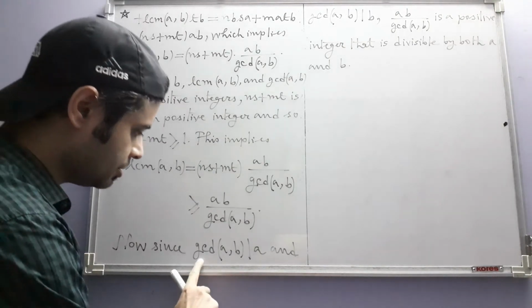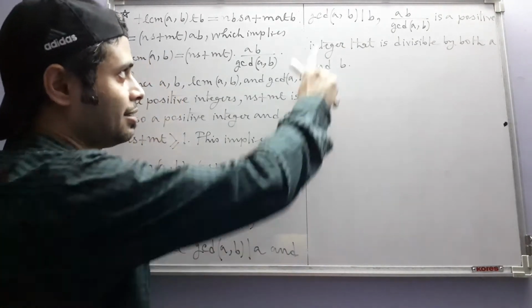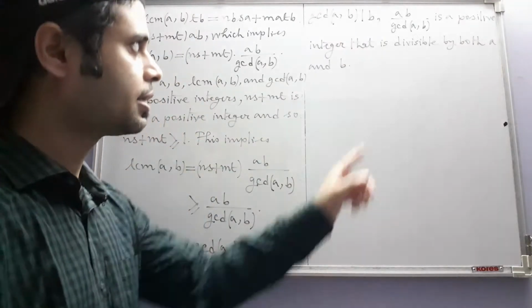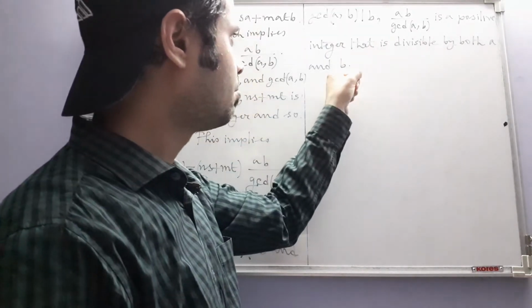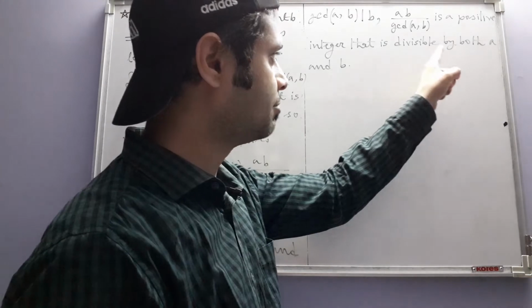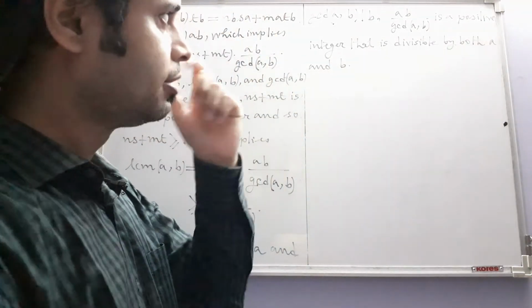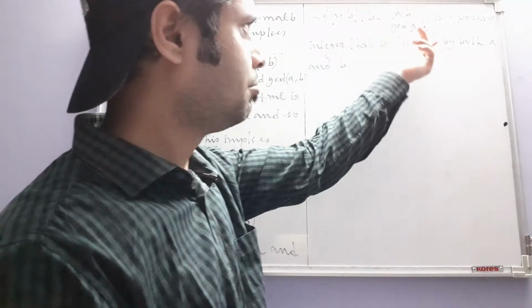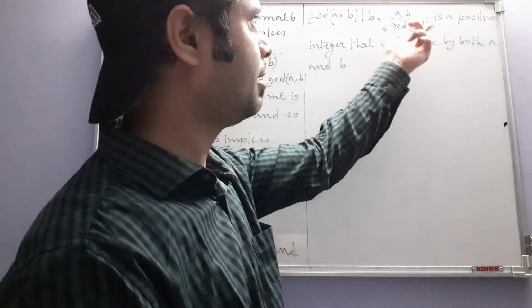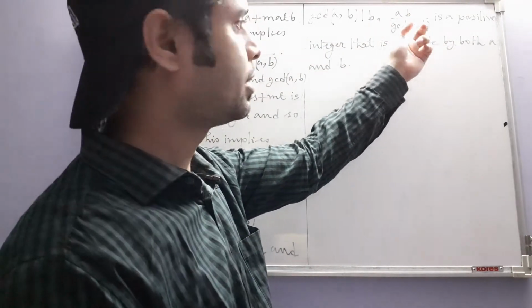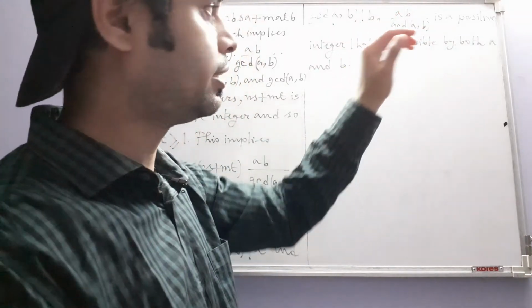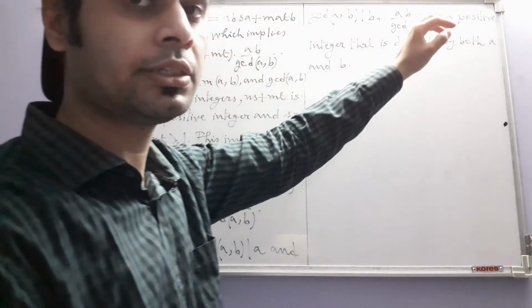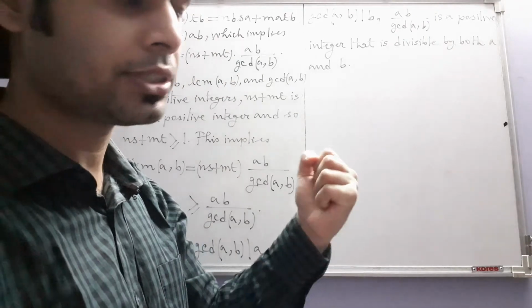Because GCD divides a and GCD divides b, we are saying that this is a positive integer that is divisible by both a and b. First of all, why is this fraction a positive integer? Because, for example, you can divide a by GCD of a and b, and that will be a positive integer. You multiply that with the positive integer b, so the result is a positive integer.